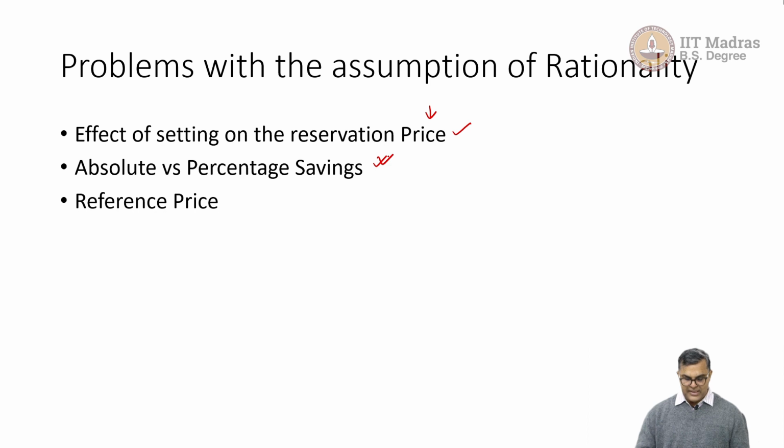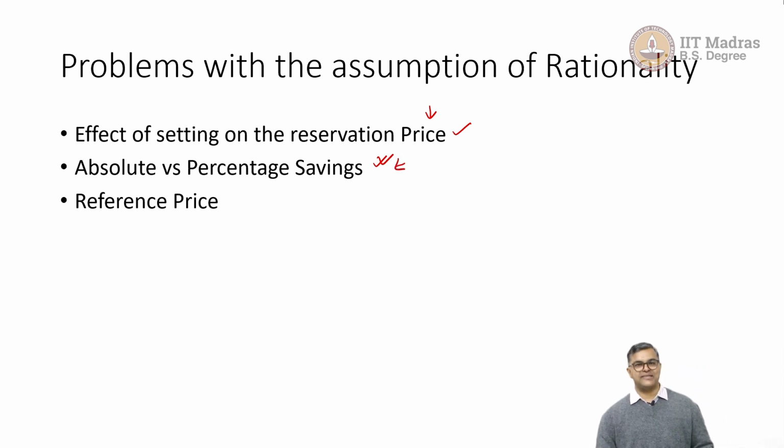The second assumption was that buyers care about consumer surplus, but here we have seen that it is not as simple as this. Sometimes you think in percentage terms, sometimes in absolute terms. As per the assumption, it should always be in absolute terms.